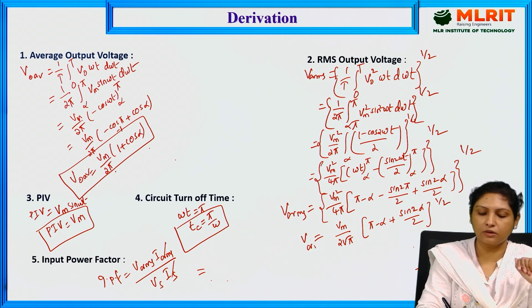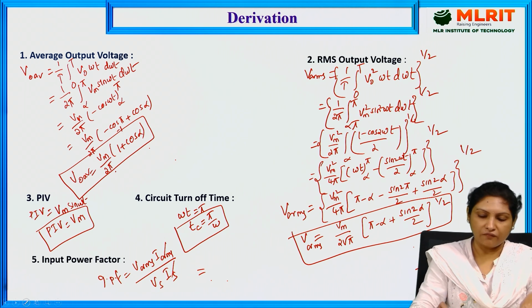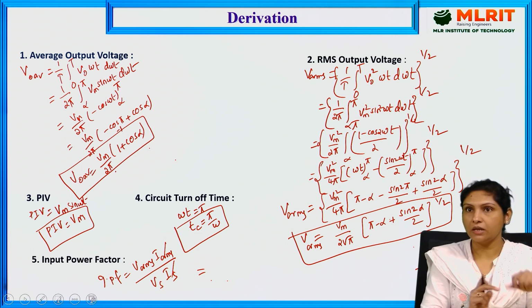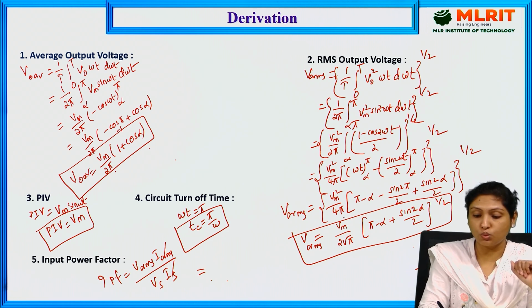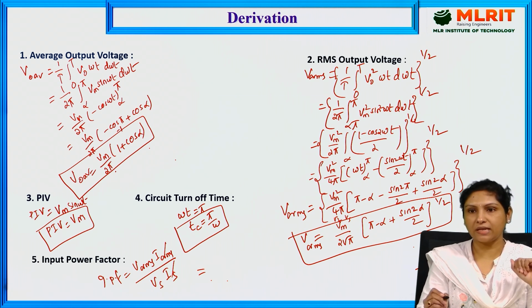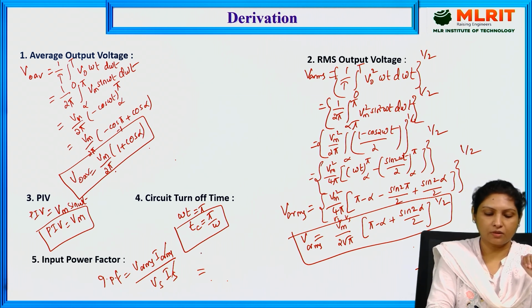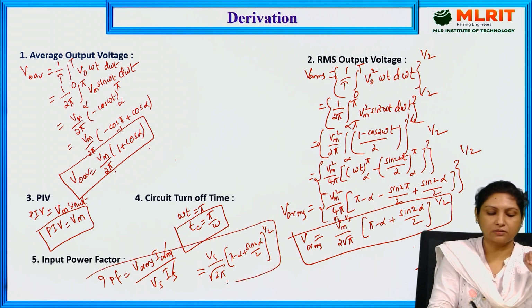This is nothing but our required V0 RMS expression. And here, V0 RMS by Vs gives us the input power factor. For that purpose, Vm we can write as root 2 into Vs. And here, root 2 and 2 get cancelled. We get Vs by root 2 pi into pi minus alpha plus sine 2 alpha by 2, whole to the power of 1 by 2. This is nothing but our input power factor expression.